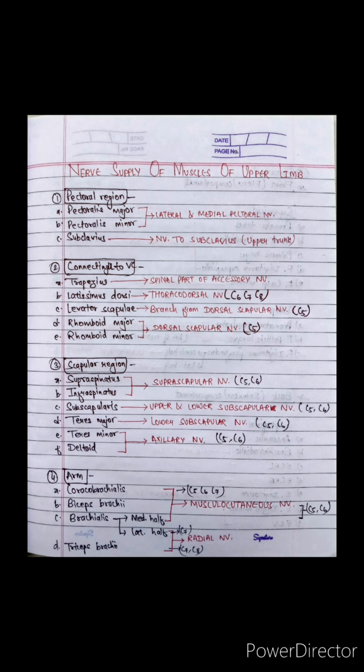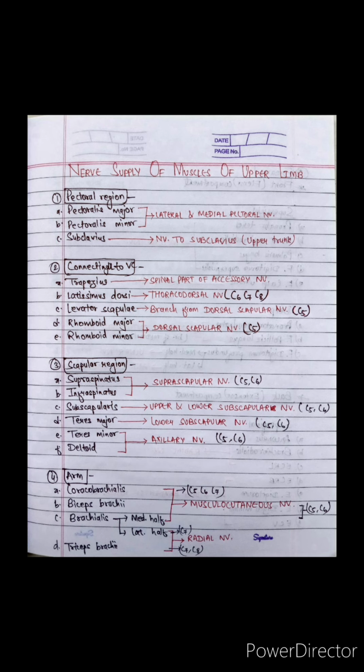Trapezius is supplied by spinal part of accessory nerve. Latissimus dorsi is supplied by thoracodorsal nerve, whose root value is C6, C7 and C8. Levator scapulae is supplied by a branch from dorsal scapular nerve, whose root value is C5. Rhomboid major and rhomboid minor are supplied by dorsal scapular nerve, whose root value is C5.